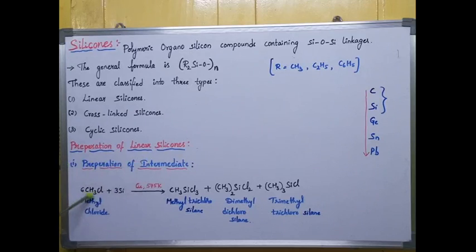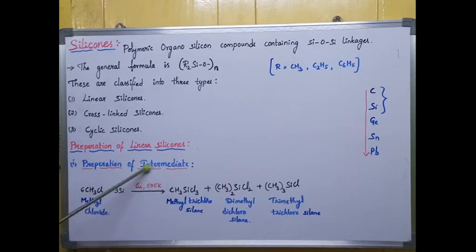We need to prepare an intermediate which is useful for the polymerization process. So I am taking methyl chloride, CH3Cl, 6 molecules. These 6 molecules of methyl chloride combine with 3 elements of silicon in the presence of copper at 575 kelvins. Copper acts as a catalyst.